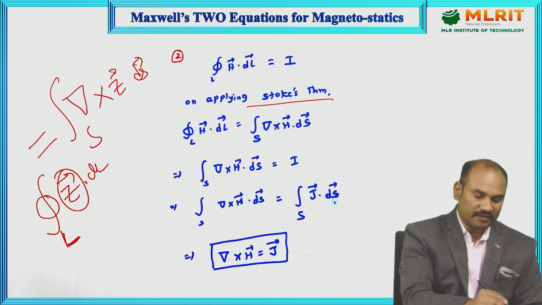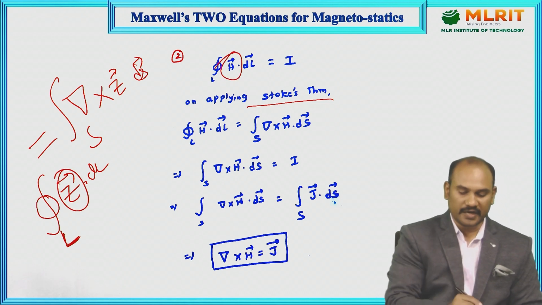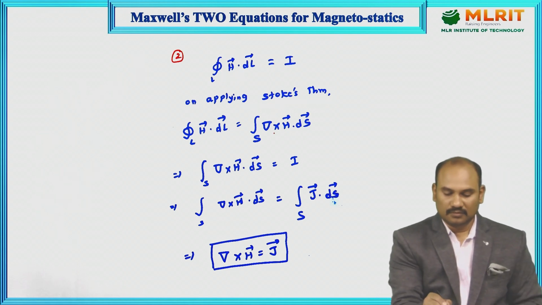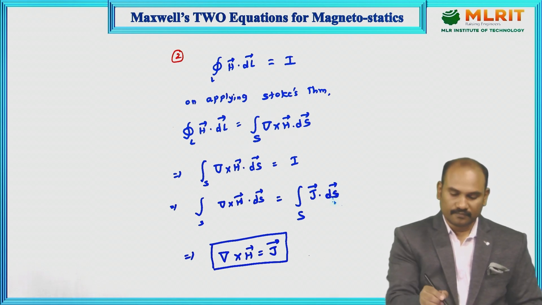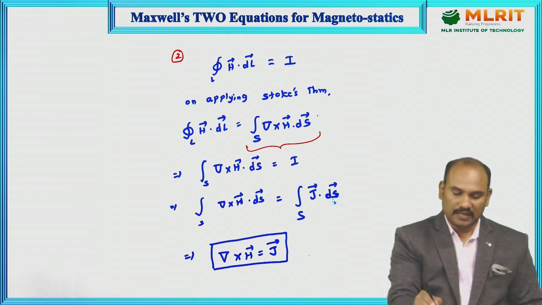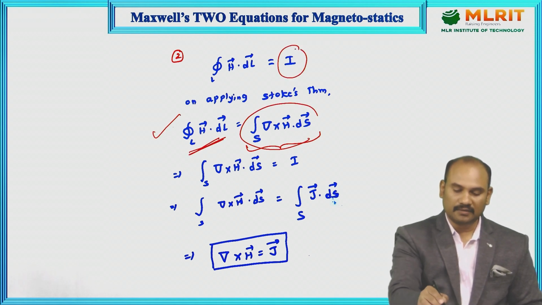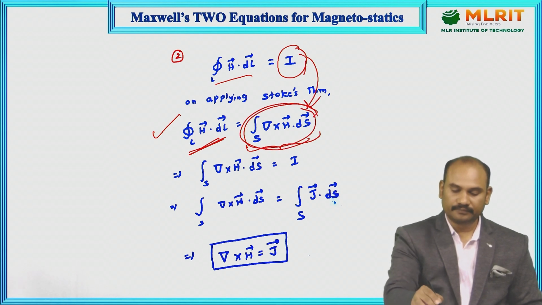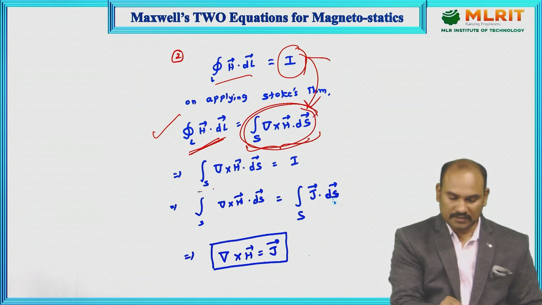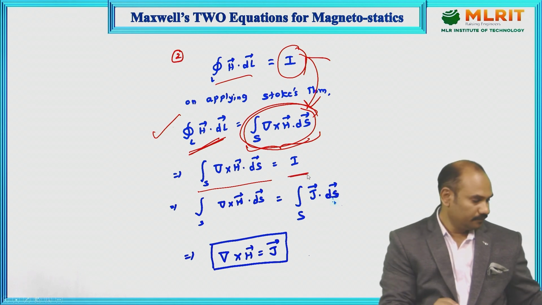In place of Z, we have H bar. So how do you get here? Surface integral of curl of that vector. This entire thing is equivalent to this, but this is equal to I. So this will be equal to I.